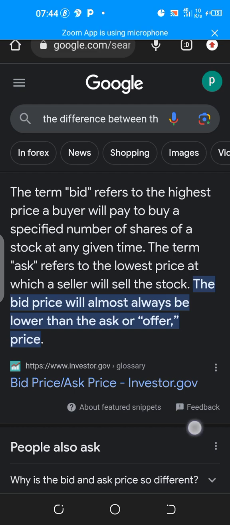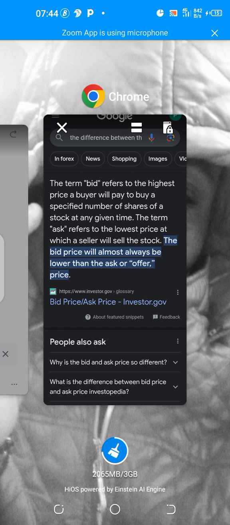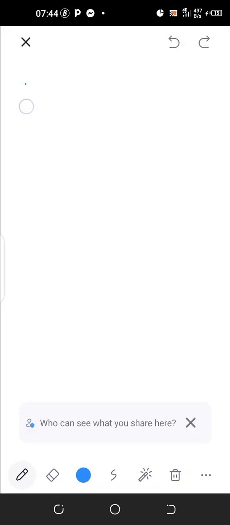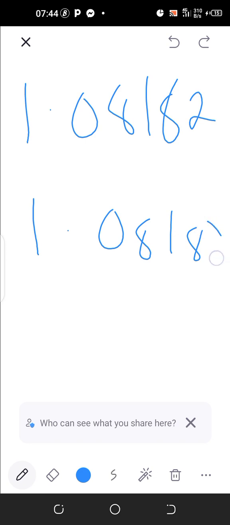Okay, it's not here, but the difference between the bid and ask price is also known as the PIP of the market. For example, let us say I buy a currency for 1.08182, and maybe you want to sell it for 1.08189.